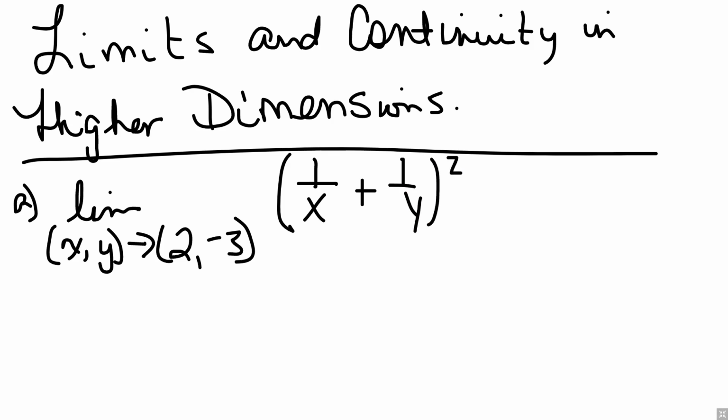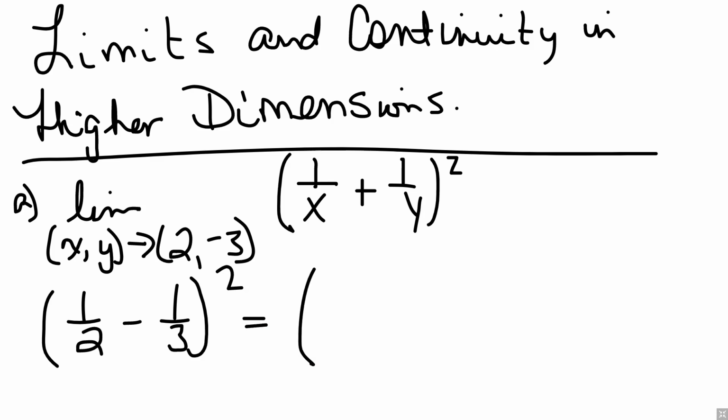Okay, so if we take a look at this, in order to evaluate a limit, if we remember from Calc 1, you basically are going to go with direct substitution. So if we do that, we're going to have 1/2 minus 1/3 quantity squared.